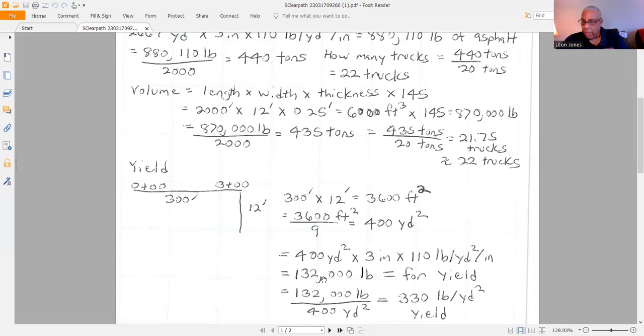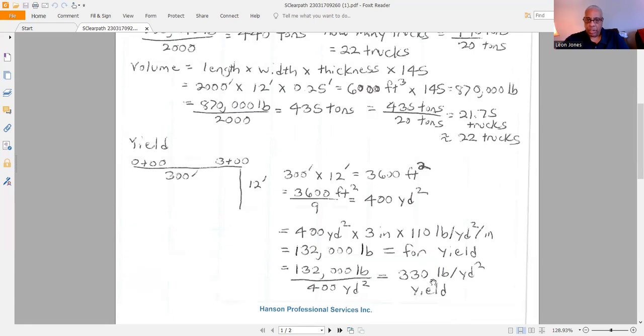Now, once I have my weight of 132,000 pounds, I simply divide that by my area, which is 400 square yards, and my yield is 330 pounds per square yard.